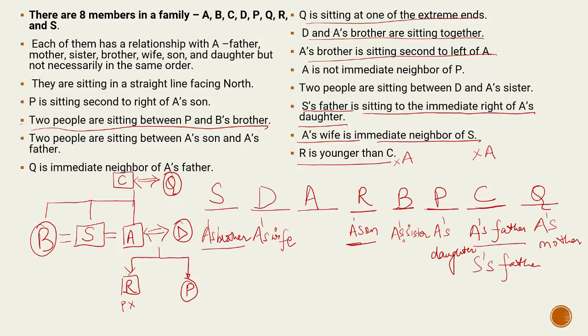So I hope now you know how to approach these kinds of questions wherein the parameters are combined: the sitting arrangement as well as some kind of blood relation data, or it could be data related to their profession. Any other parameter could be added in that question to make that particular arrangement a little more difficult than the usual one.